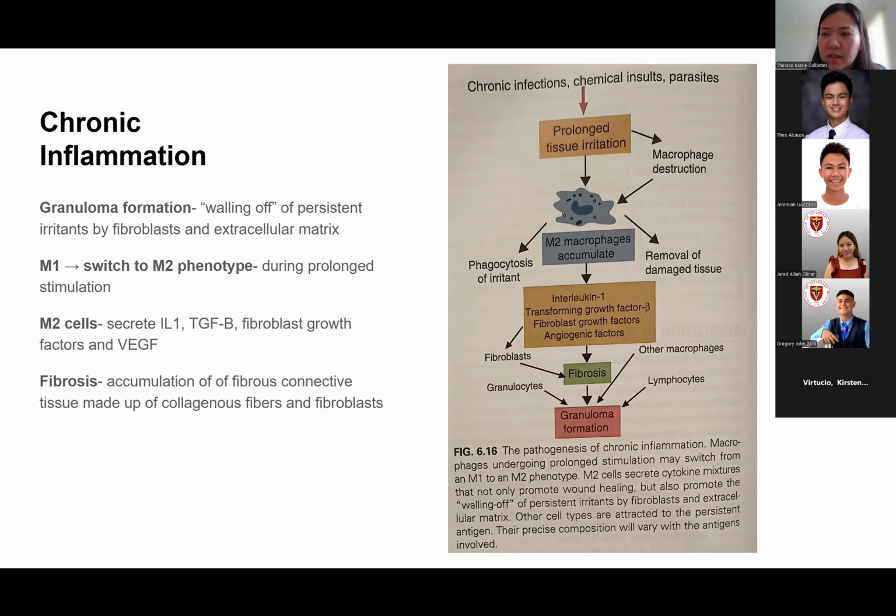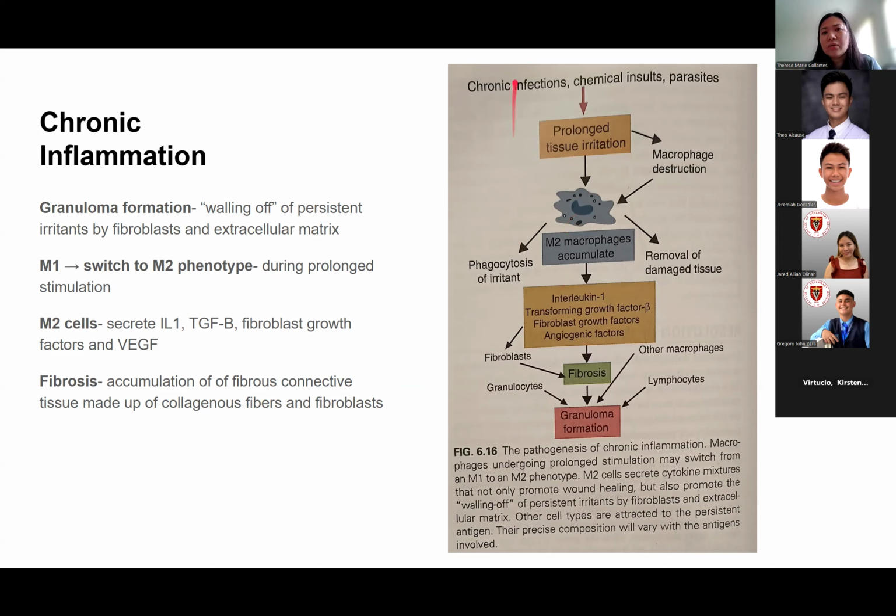It will surround it with fibroblasts and macrophages so that it will not spread. That is why tubercles form in tuberculosis. So these are the granulomas. Your M2 macrophage is also responsible for this.